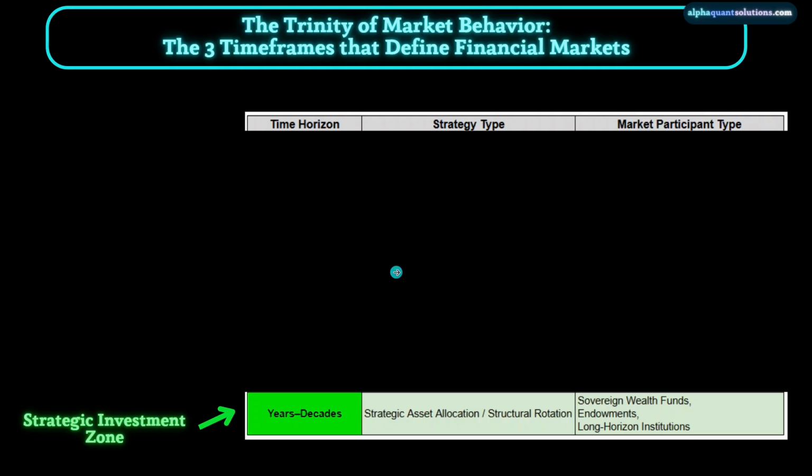So here, typically, portfolio managers act when long-term data and long-term structural analysis indicate significant market shifts, such as a reversal in globalization trends, for example.